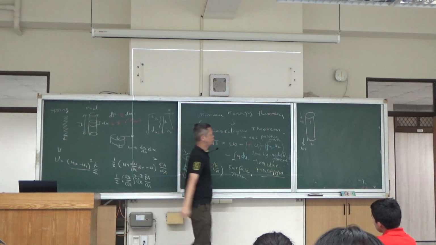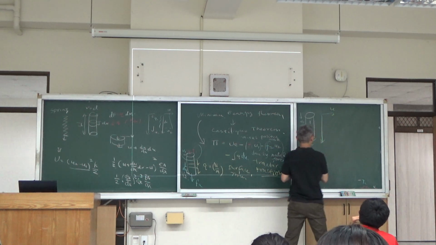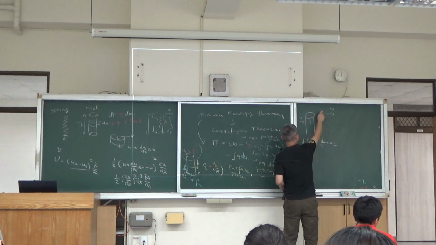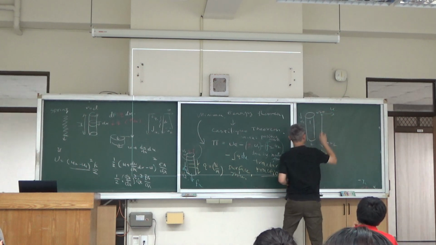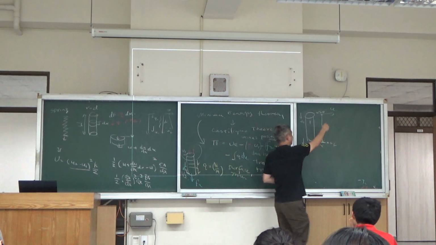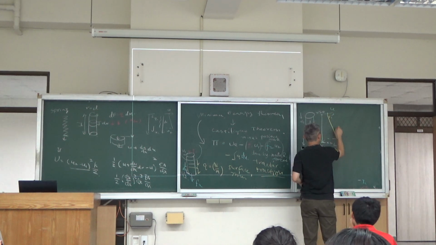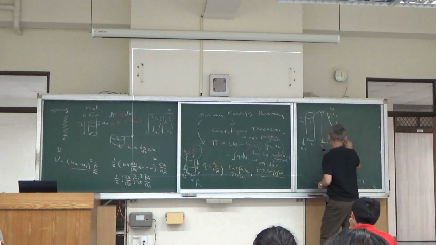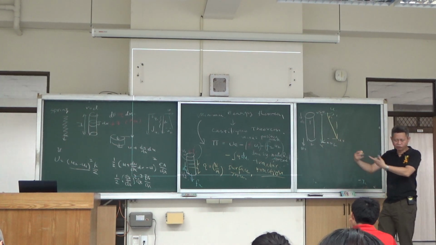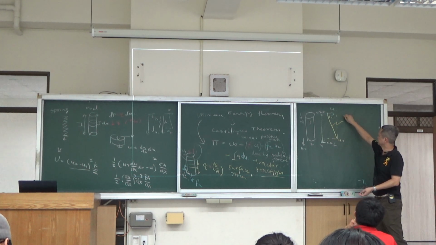And if you try to draw the displacement versus the length x, this end is x equal to 0 and this end is x equal to L. This displacement starts from u1 and ends with u2. So how do you write the expression for the displacement function?